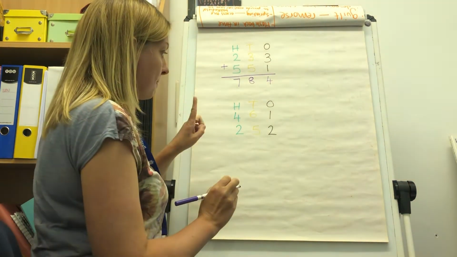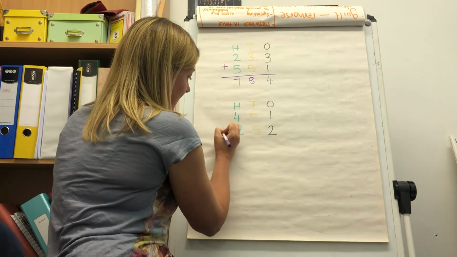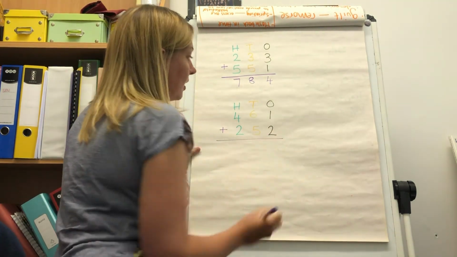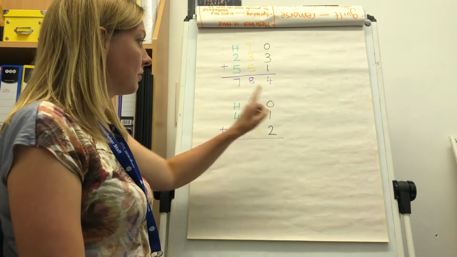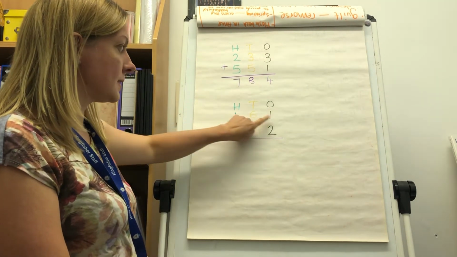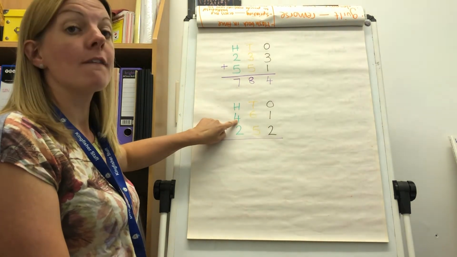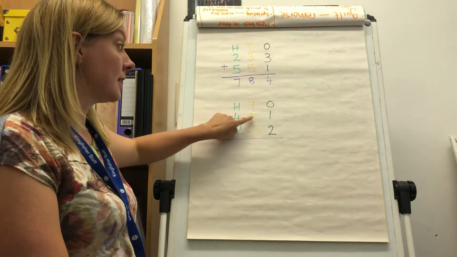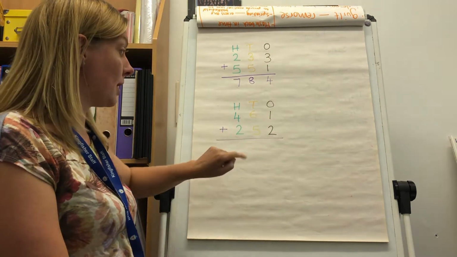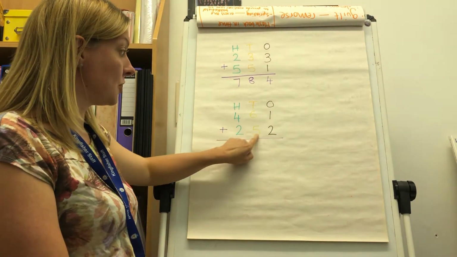Okay, now remember we are adding, so I need to make sure I've got my addition sign. Now let's remind ourselves about the numbers that we've got. So we've got 461. Our next number is 252.